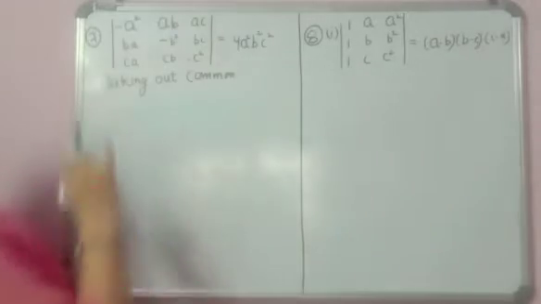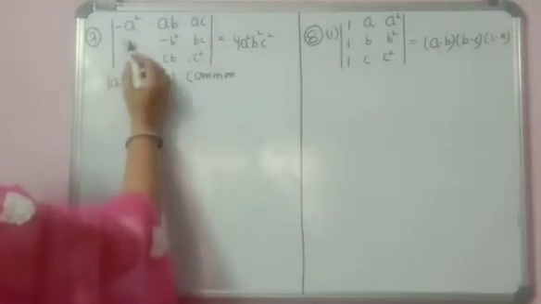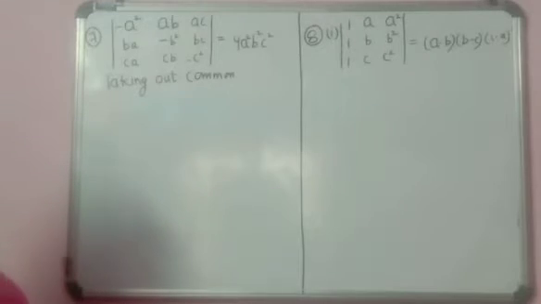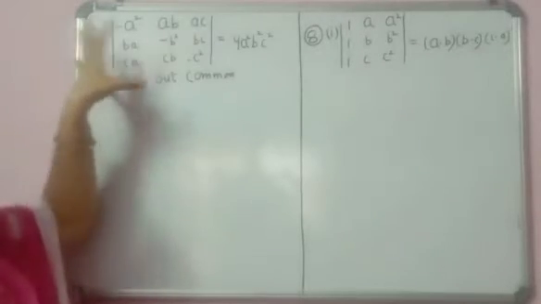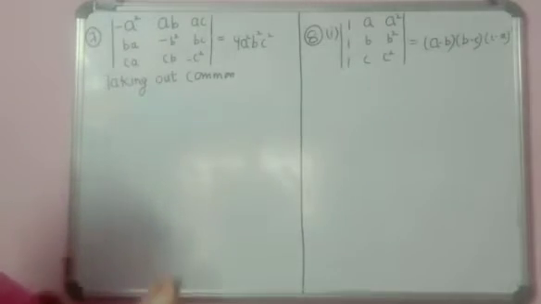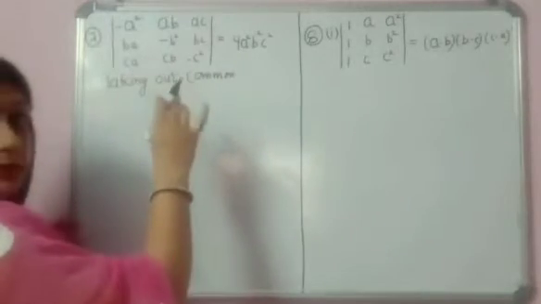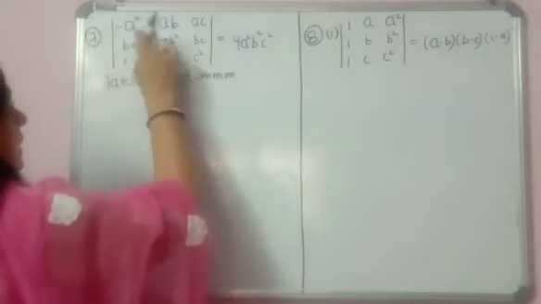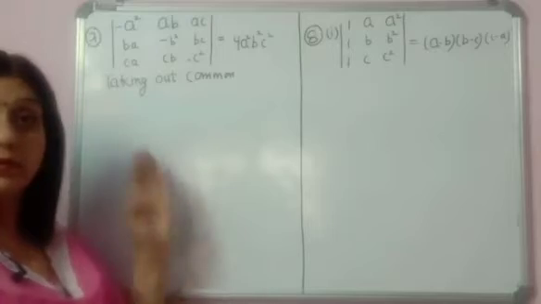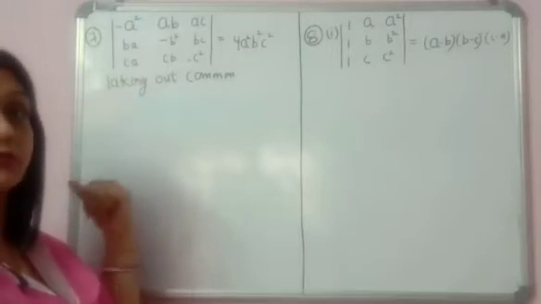So question number 7 is that you have to prove it equal to 4a square b square c square. It means you will be taking out common a square b square c square from this determinant. If you observe this determinant, you can take out common a, b and c from the rows or column-wise also.